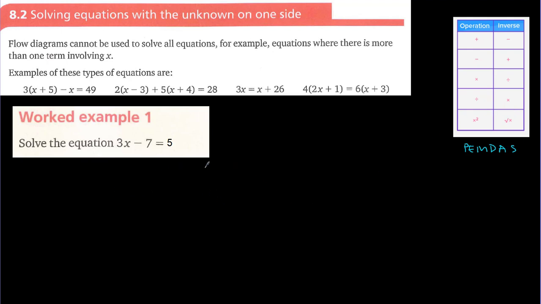Okay, let's continue with the exercise and try to understand. Firstly, 3 times x minus 7 is equal to 5. With respect to the PEMDAS rule, if we substitute any value, firstly you have to multiply, then you have to subtract.